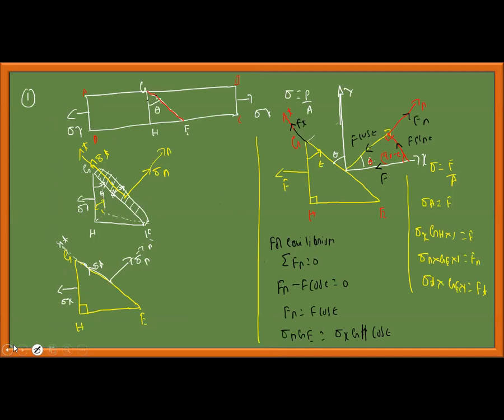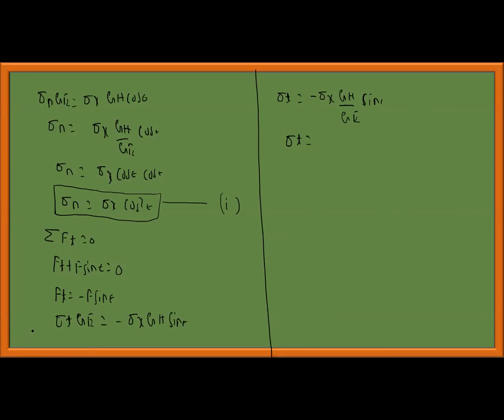G H by G E is cos theta, so cos theta sin theta.